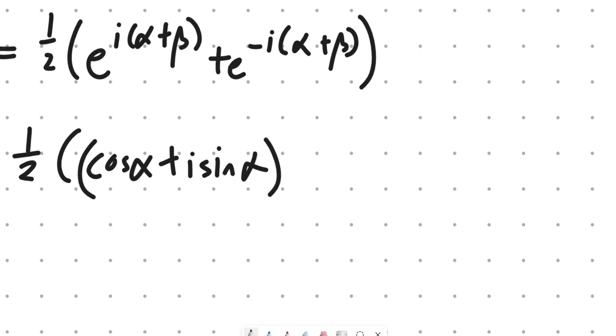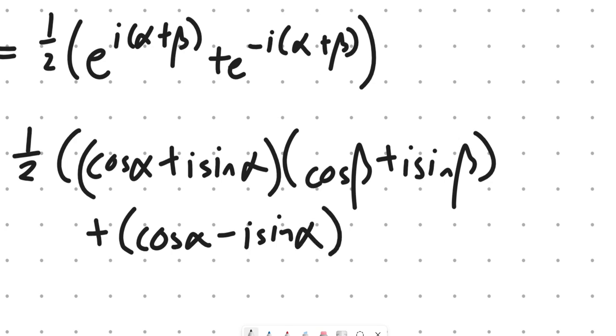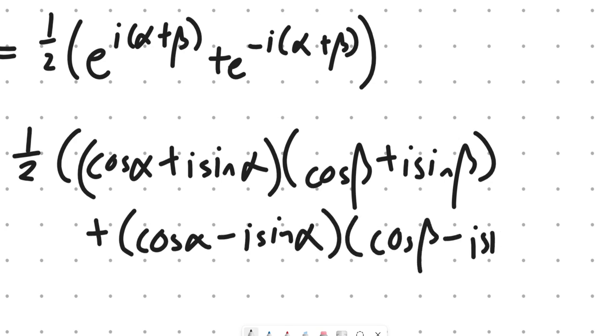And since e to the i alpha plus beta is equal to e to the i alpha times e to the i beta, we can use cosine beta plus i sine beta here. And then we can add e to the negative i alpha, e to the negative i beta. So this will be equal to cosine alpha minus i sine alpha and cosine beta minus i sine beta.